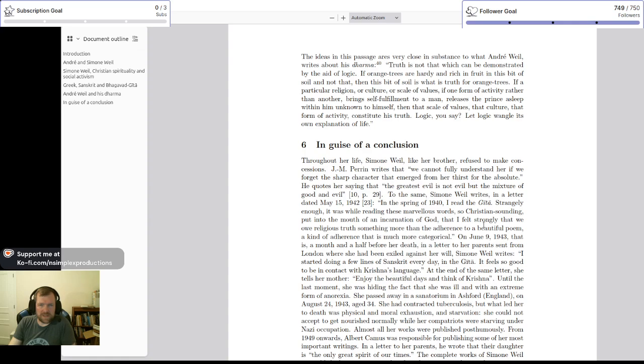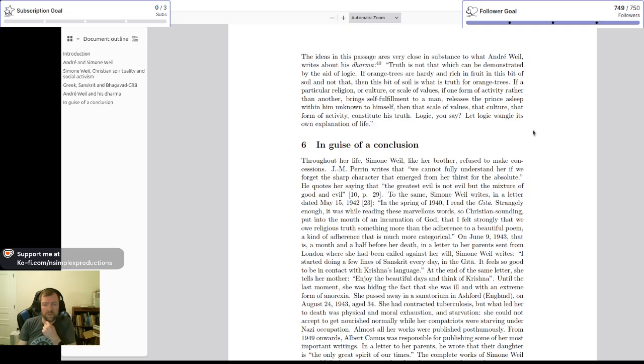The ideas in this passage are very close in substance to what André writes about his Dharma. Truth is not that which can be demonstrated by the aid of logic. If orange trees are hardy and rich in fruit in this bit of soil and not in that bit of soil, then this bit of soil is what truth is for orange trees.